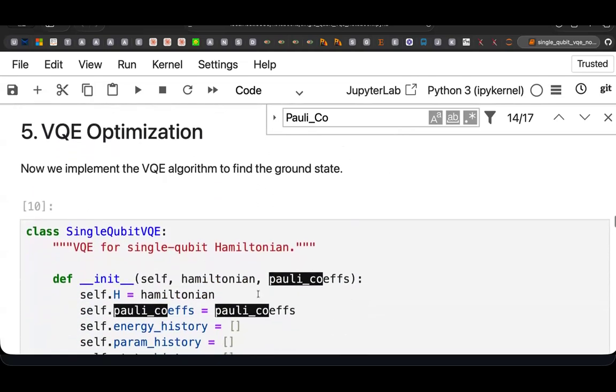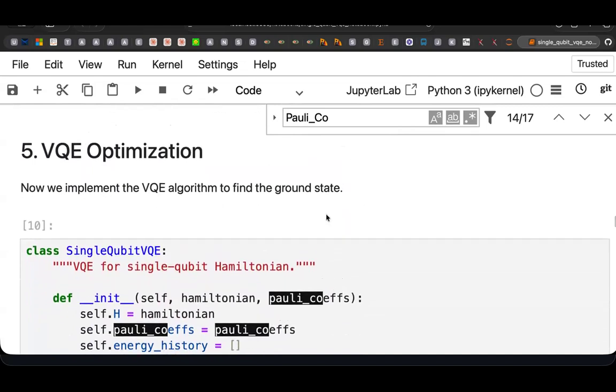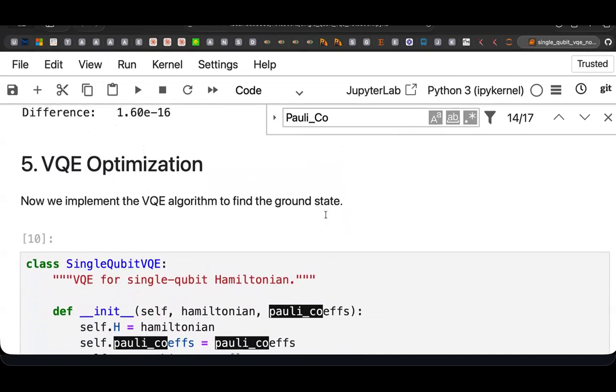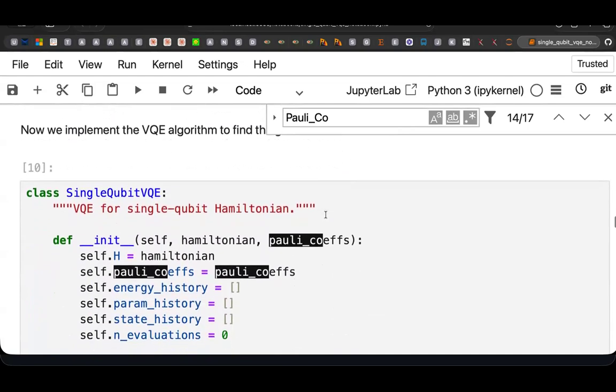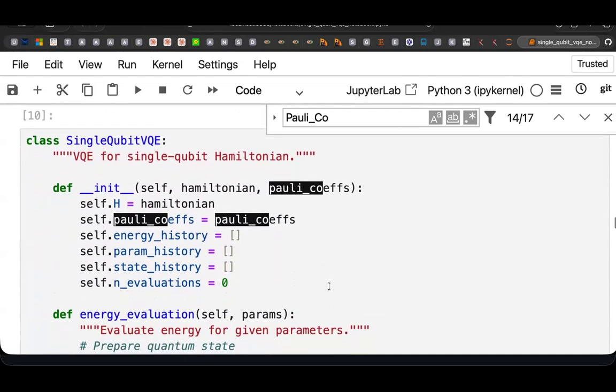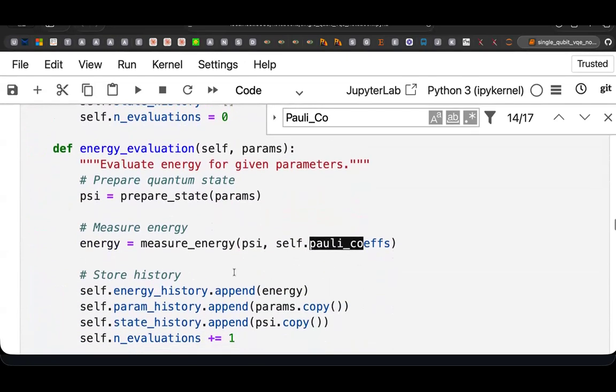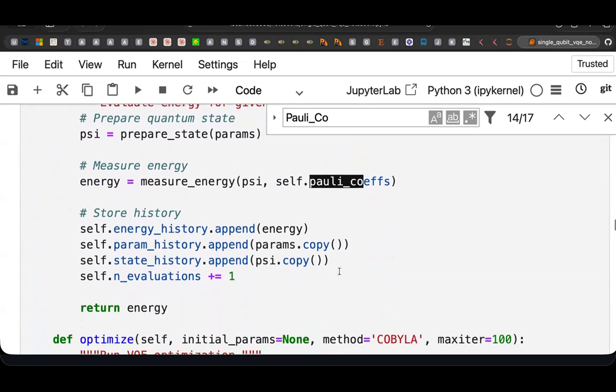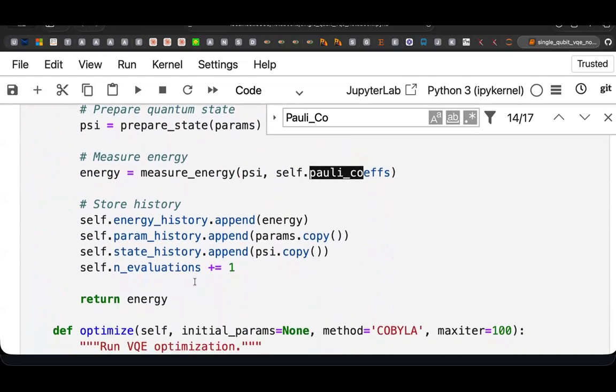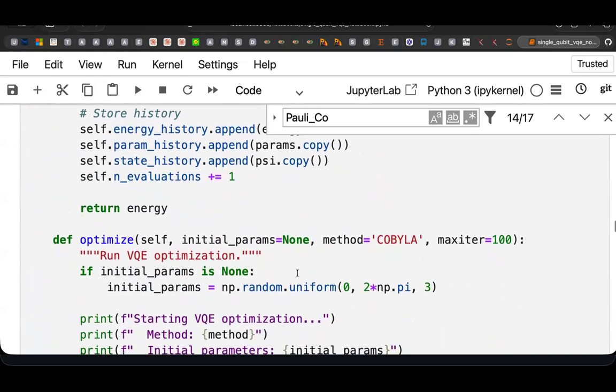The optimization, so we haven't implemented the VQE here because we've been using the exact wave function. But let's now look at the single qubit part and the way we are going to set it up. So we have this measure energy part, which we set up here. We set up the optimization part. This is where we use the standard optimization method.